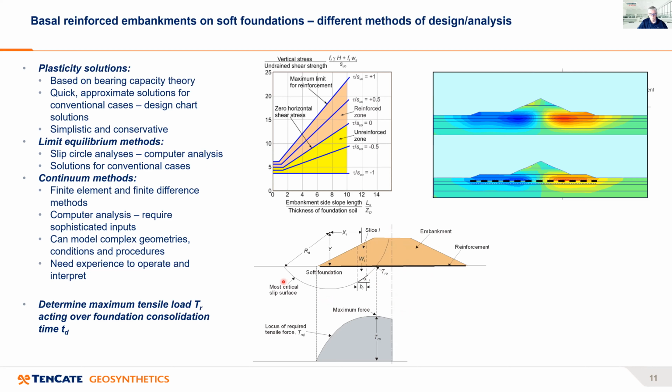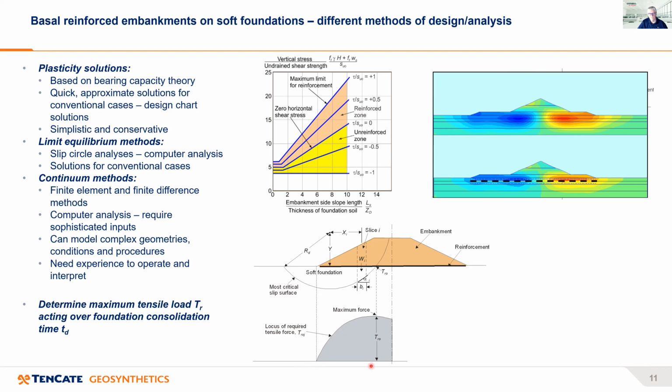So we have slip circles through the embankments, and what we determine at each location along the base of the embankment, it works out the worst case for which what tensile load we need in the reinforcement to provide the required stability. So along the base of the embankment, what we can come to is the tensile force we need in the reinforcement along the base of the embankment.